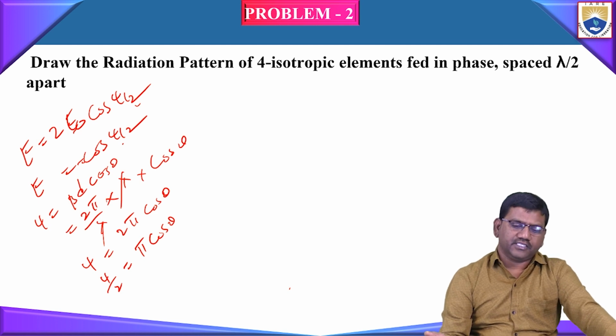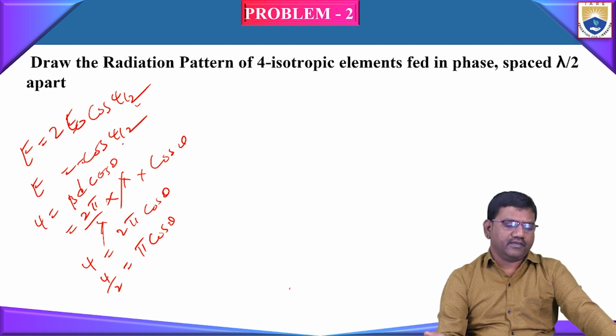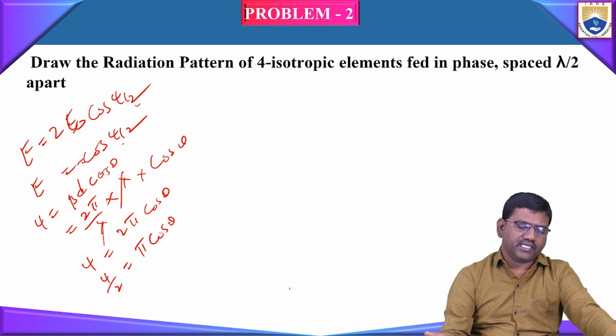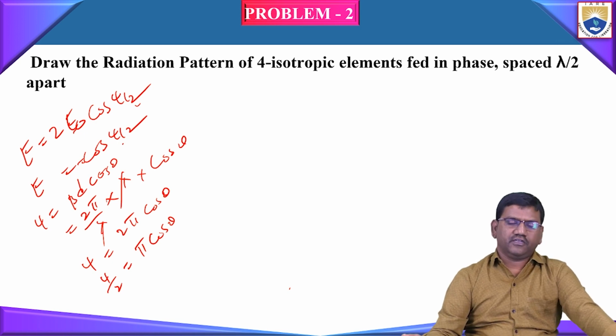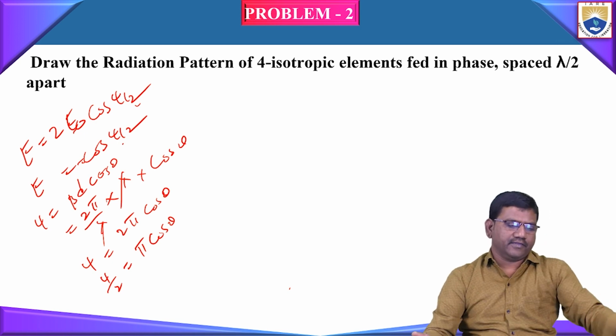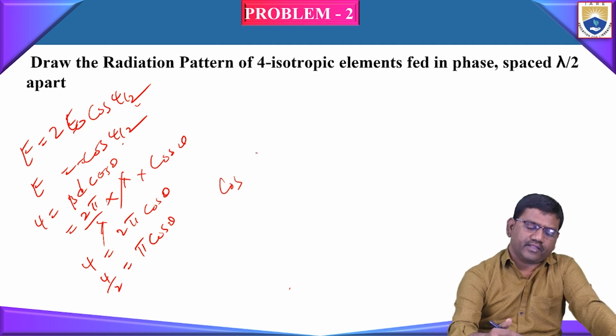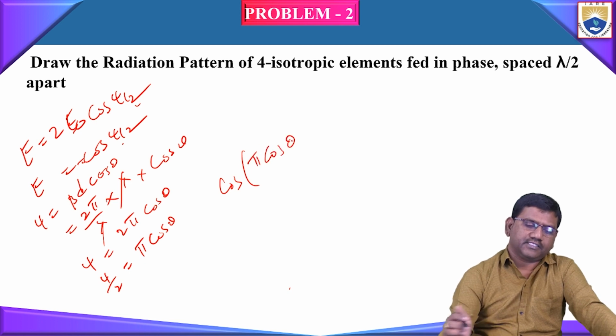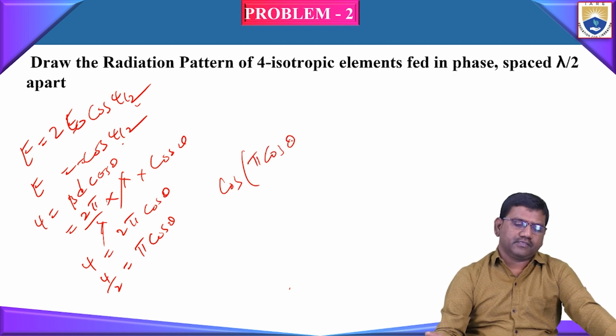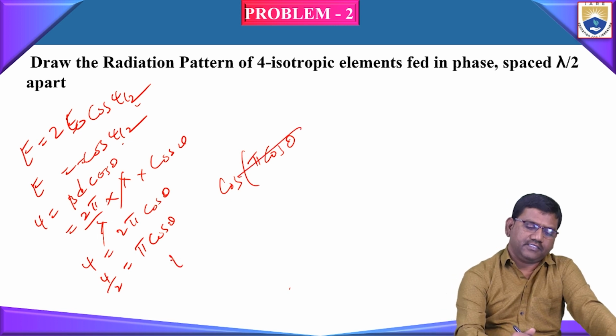Based upon this function, we can find the expressions for maxima and minima. So here the function is cos of pi cos theta. Let us assume that E is equal to cos psi by 2, which is equal to cos of pi cos theta.